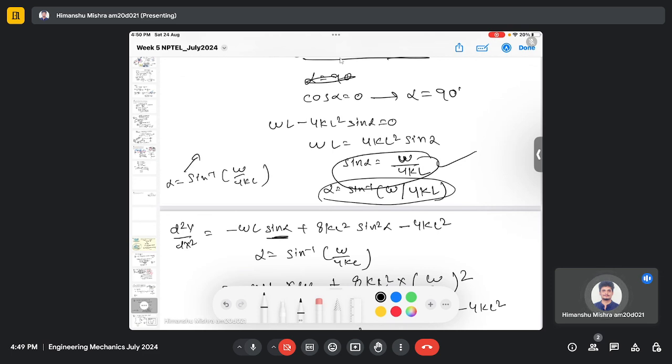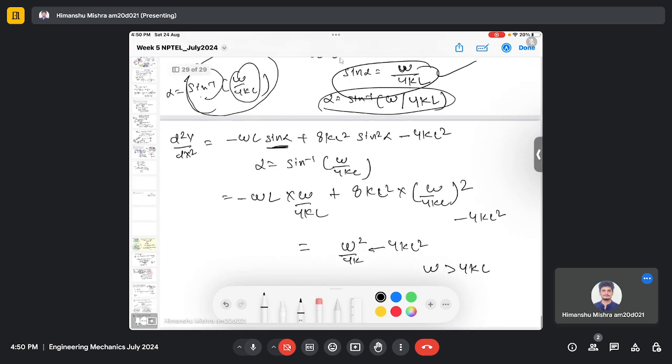For this equilibrium angle to be valid, this quantity should be less than 1, because only then will you have a real value of the equilibrium angle. So W should be less than 4KL, right?